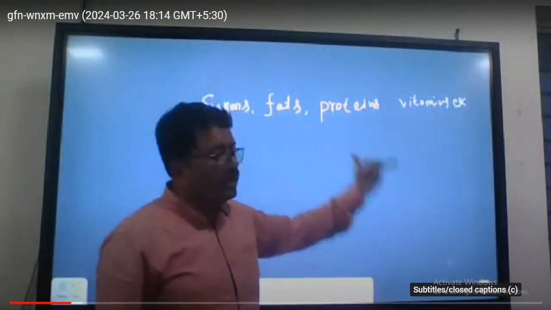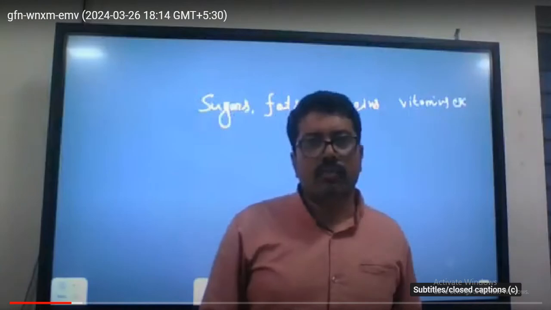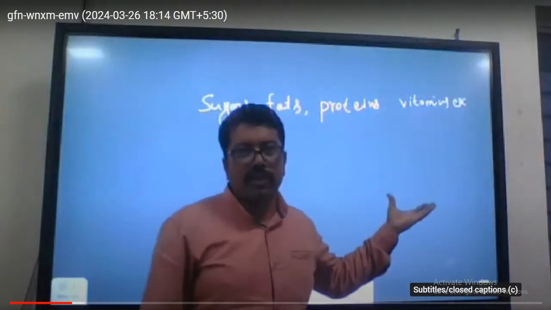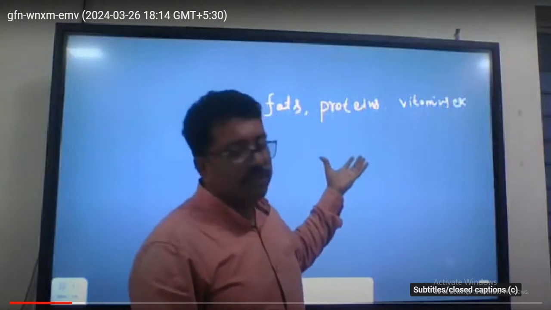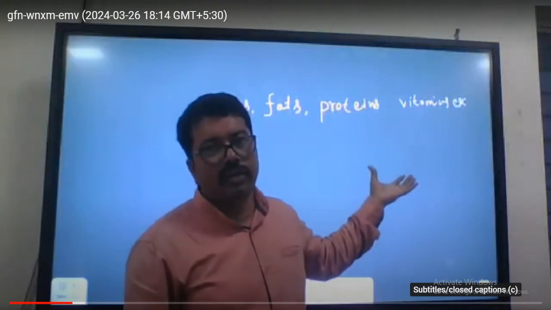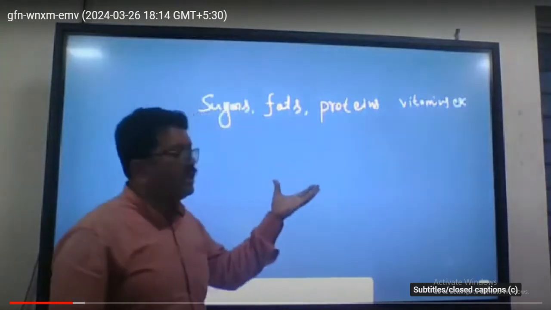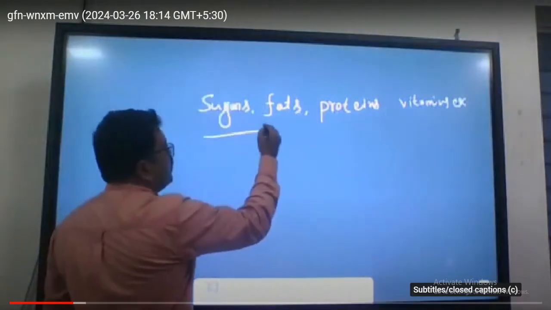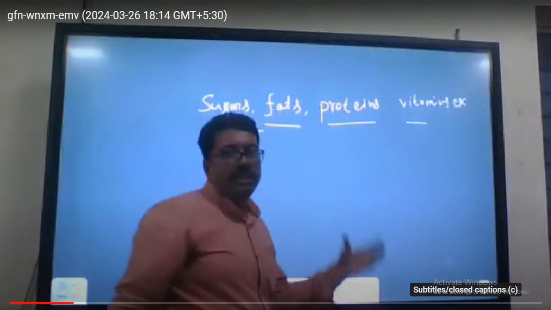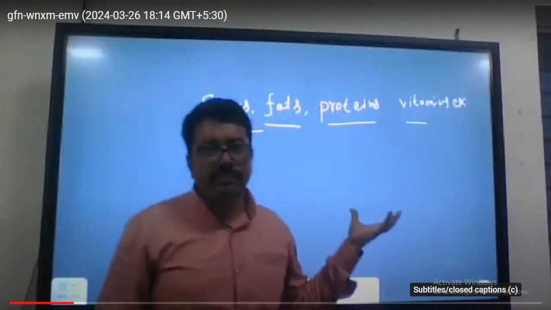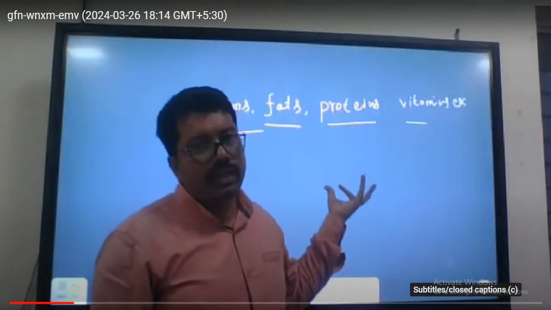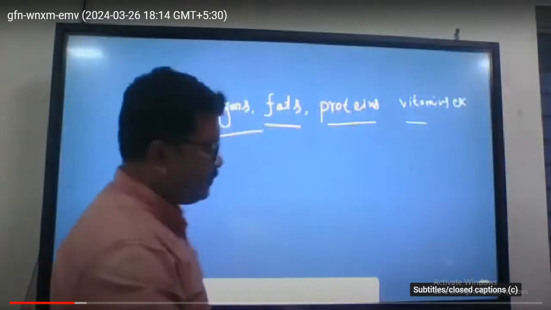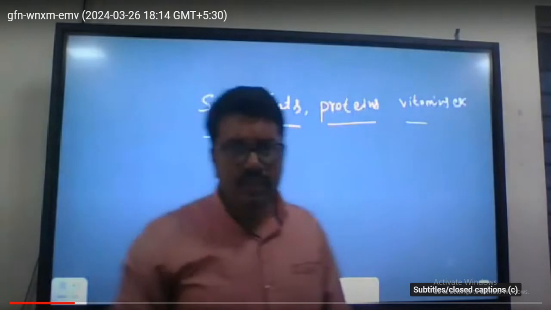These sugars, fats, proteins contain organic compounds. We know these molecules are very important for ourselves, for all living organisms. All living organisms need these compounds to lead their life in live condition.